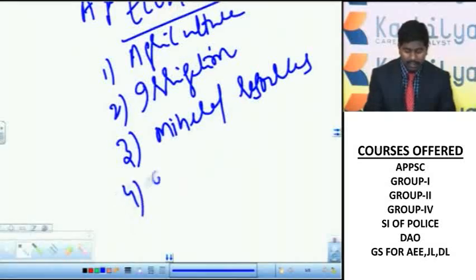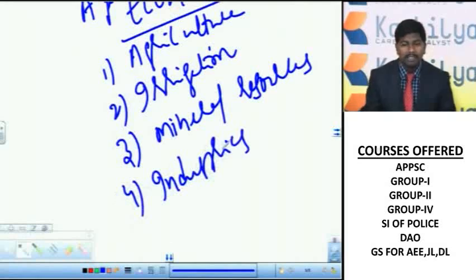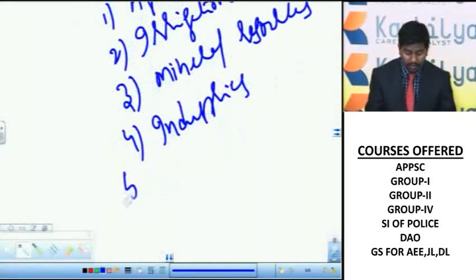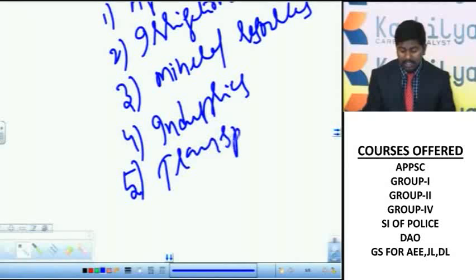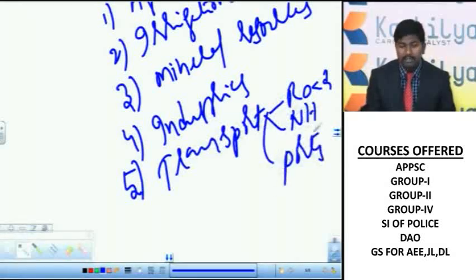Then we will discuss the important industries in Andhra Pradesh, like primary sector industries and secondary sector industries, which are located in different parts of AP. And later we will go to the next topic, the transport system in AP: the important national highways passing through AP and important ports in Andhra Pradesh.